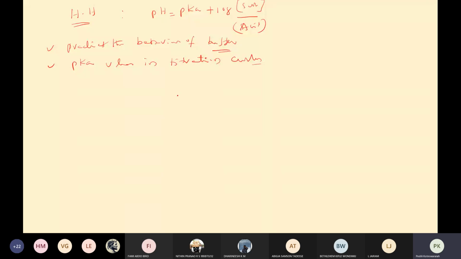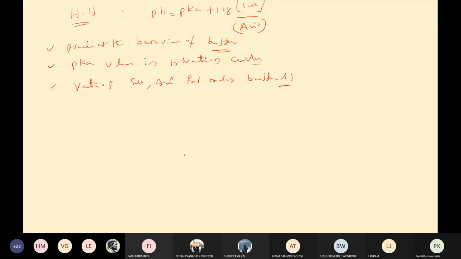In addition, it is also used to know the ratio of salt and acid for making a buffer solution.